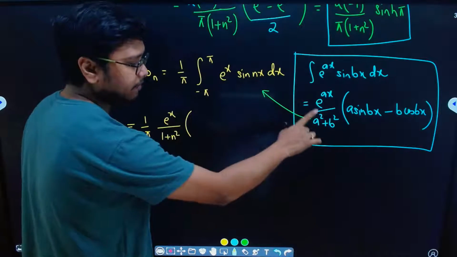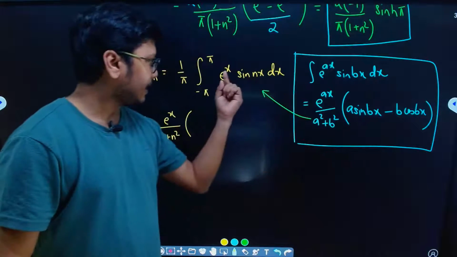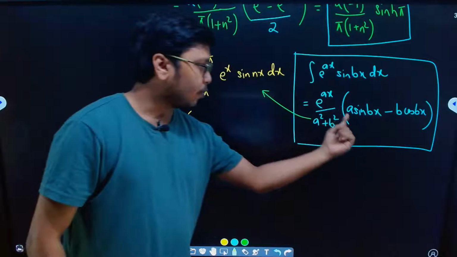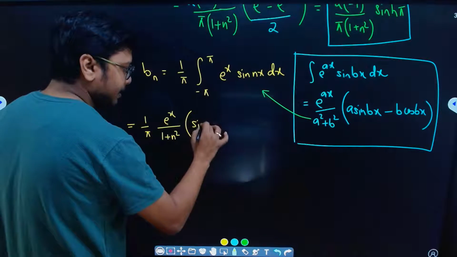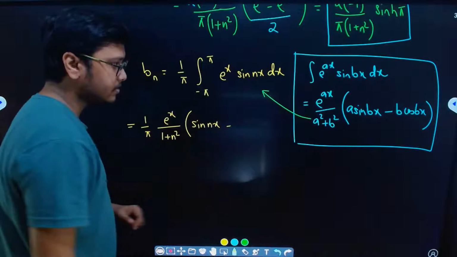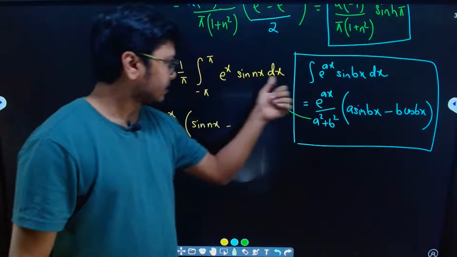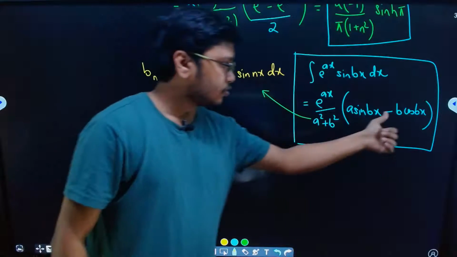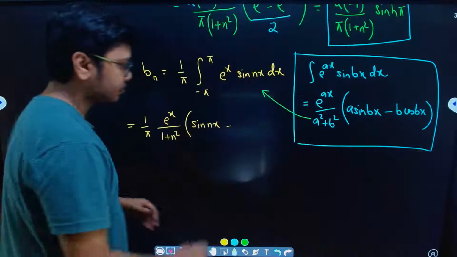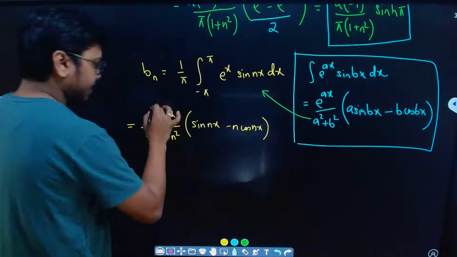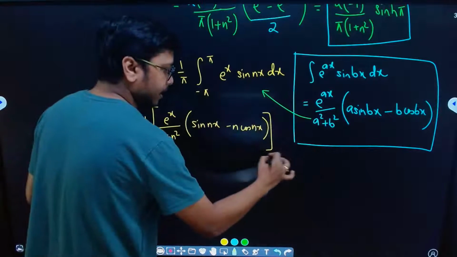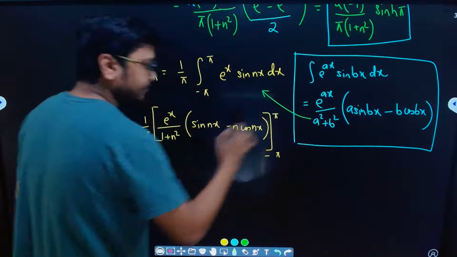And in the bracket, I will have a sine bx. a value is 1. So 1 sine nx. That means simply sine nx minus b cos bx. b value is n. So minus n cos nx. And the entire limit from minus pi to pi.